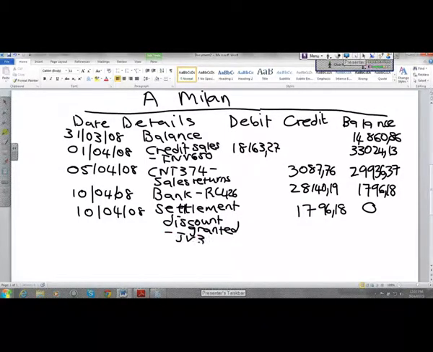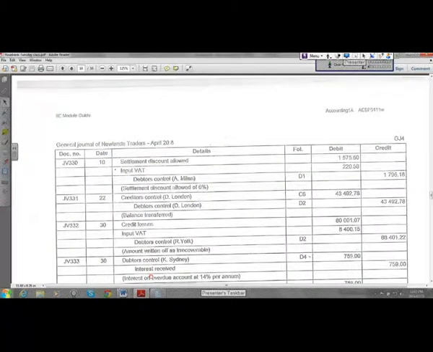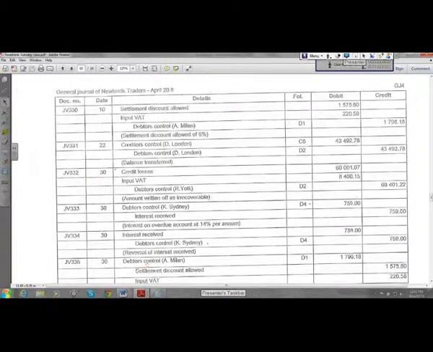JV330. Okay, let's go and see if there's something relating to A Milan. So we said something, there was something at the end there, on the 30th. All right, so you see what happened, and this actually explains it. When he was doing that payment and he got a settlement discount, that check bounced. All right, it came back from the bank.